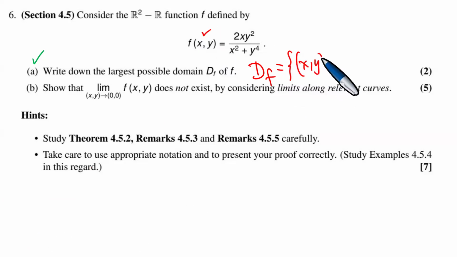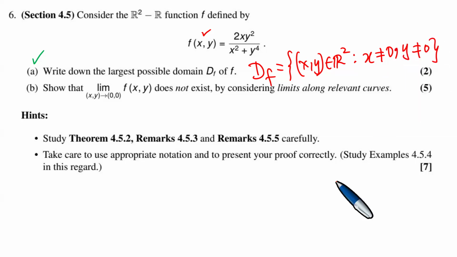So this is going to have the ordered pair (x, y), an element of R2, such that x is not 0, y is not 0. This is the largest possible domain.